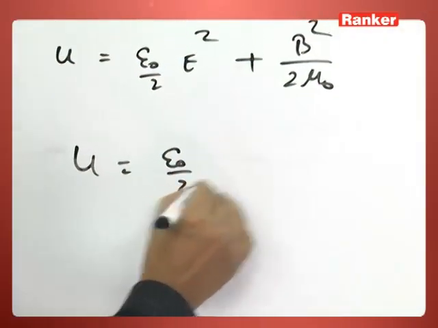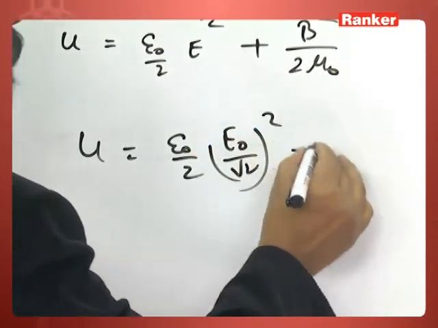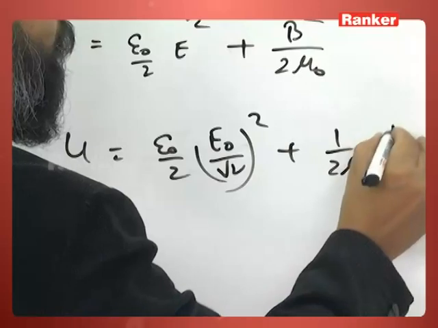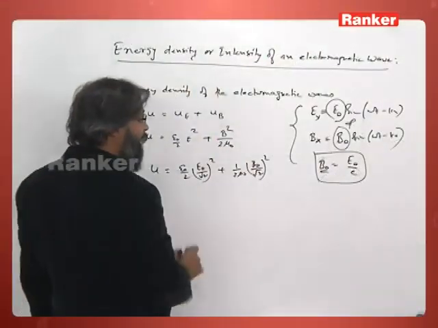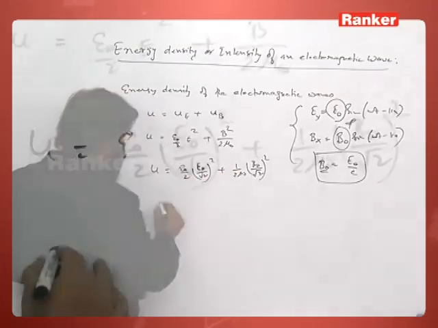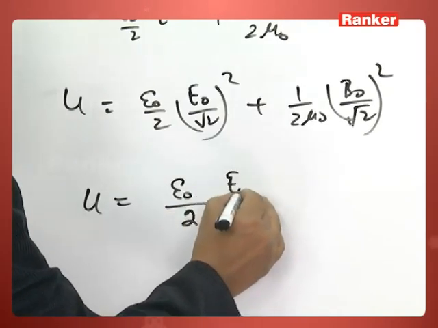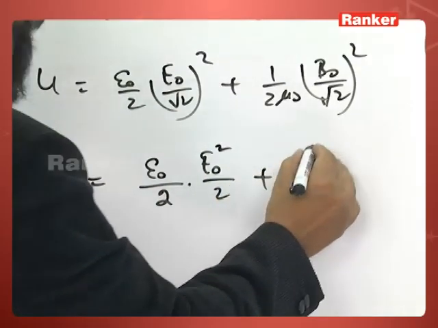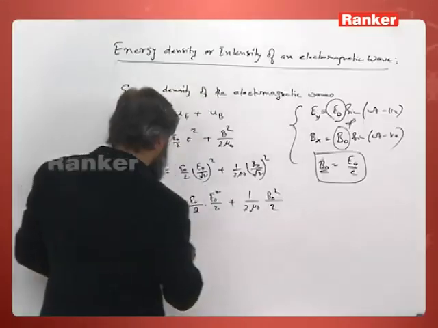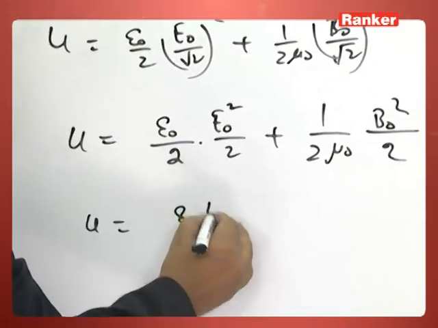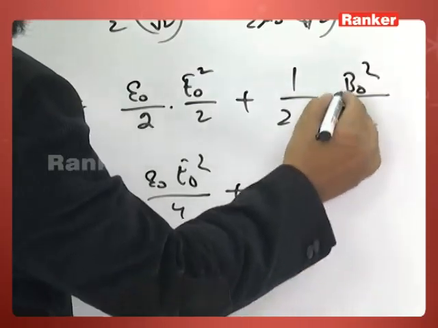U is equal to epsilon naught by 2 times the square of E naught by root 2, plus 1 by 2 mu naught times the square of B naught by root 2, that is the RMS values. So we write this as epsilon naught E naught square by 4 plus 1 by mu naught 4 times B naught square.